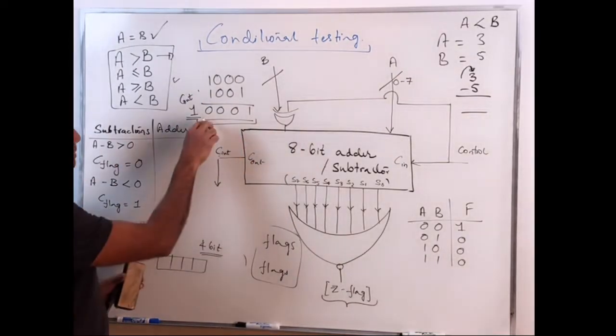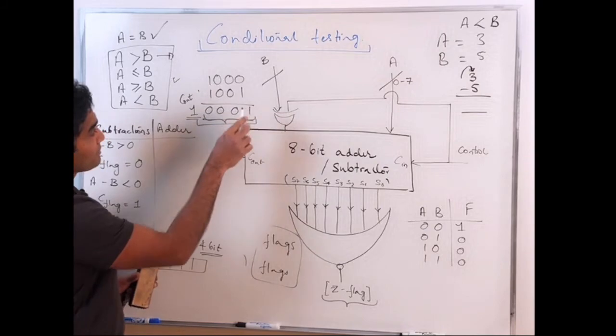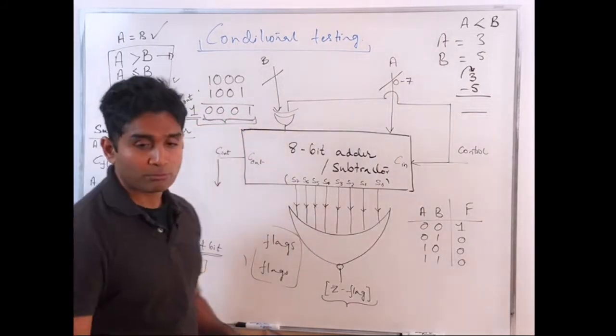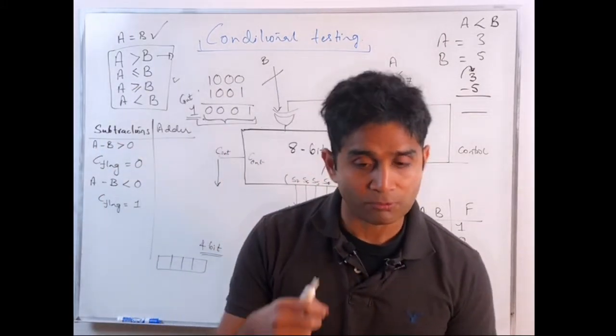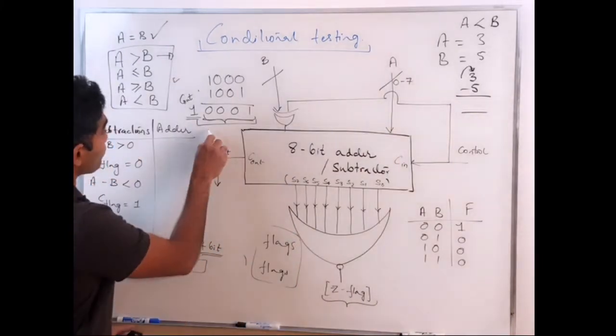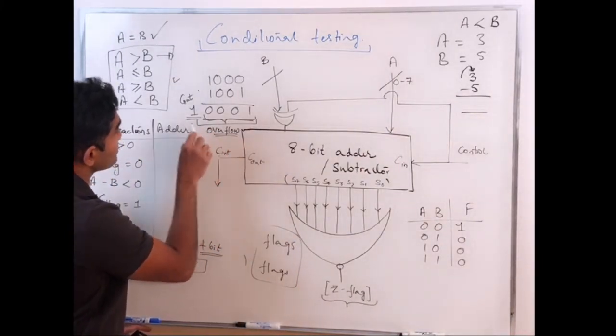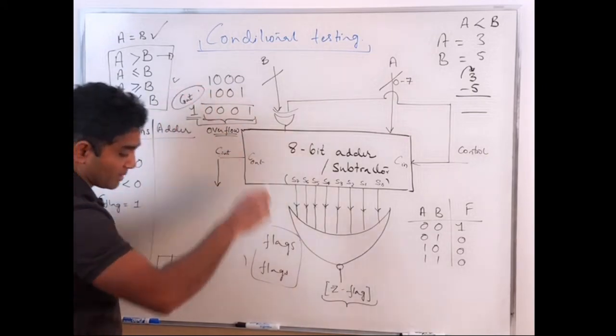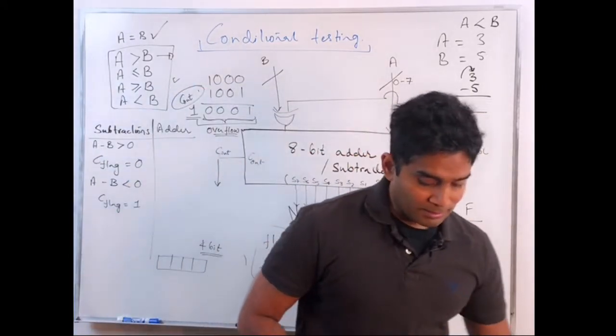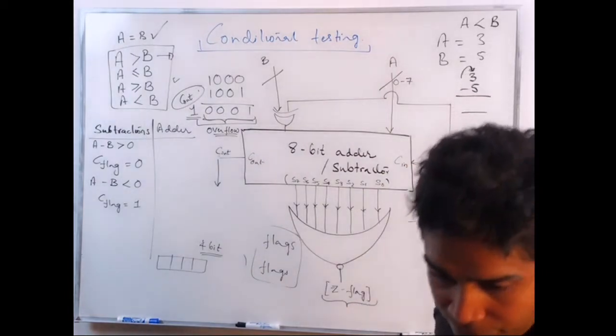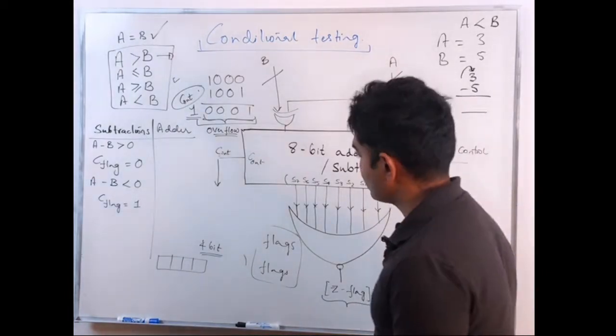But since I'm working with 4-bit numbers, this sum exceeds my 4 bits. So I have an overflow. That's causing me an overflow condition. So how do I test for the overflow condition for unsigned numbers? I can use my C out to indicate an overflow condition.